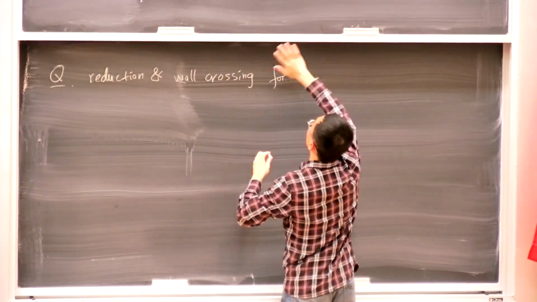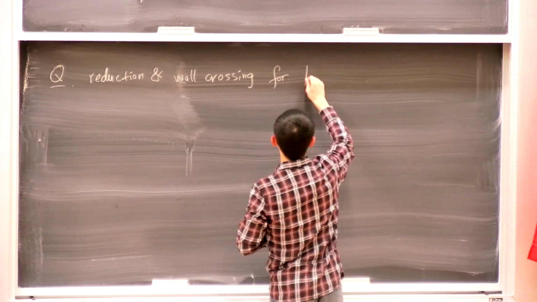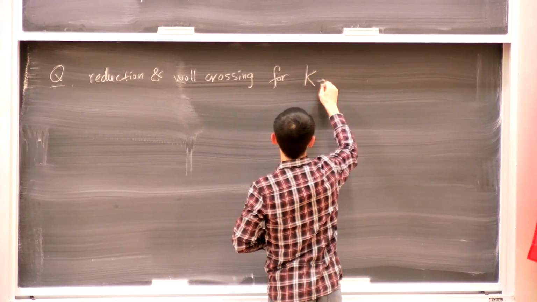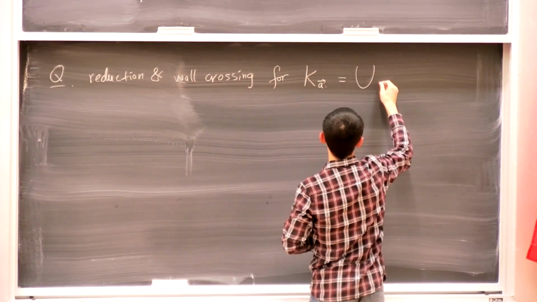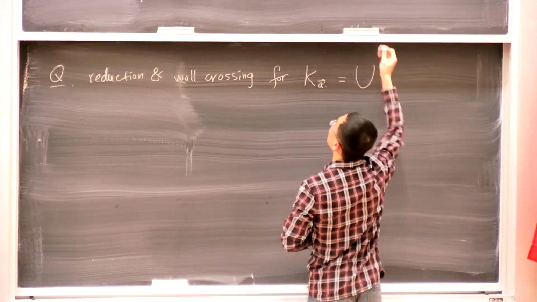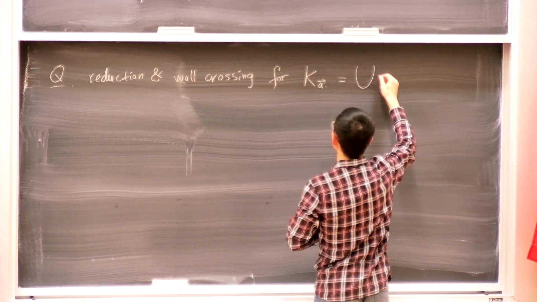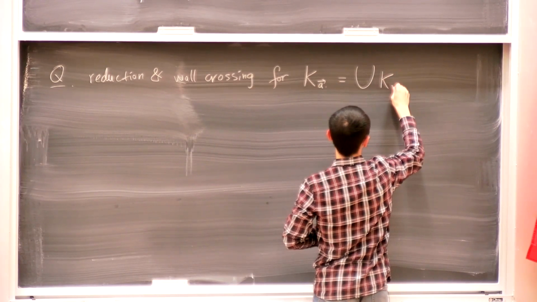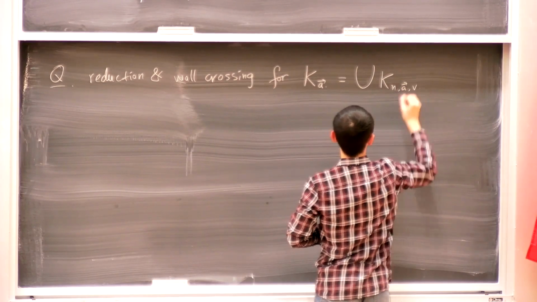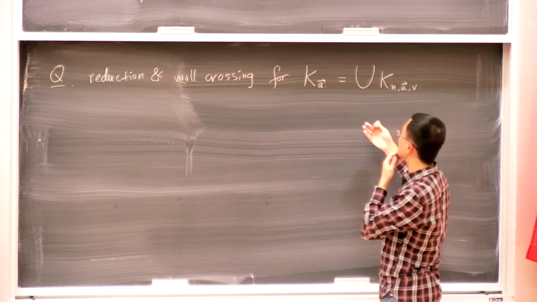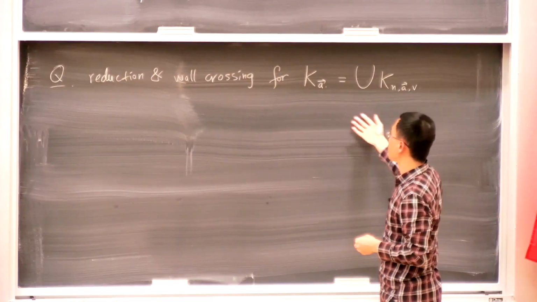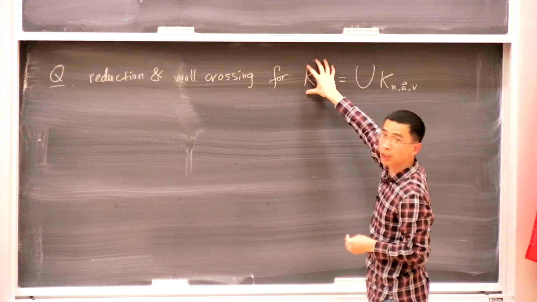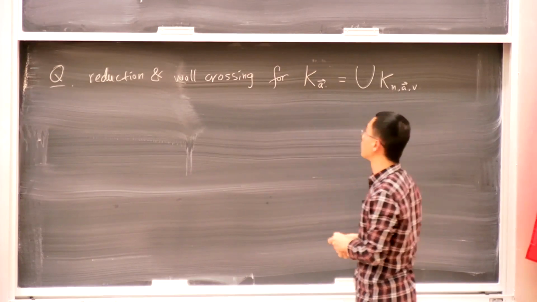So let me just put all the components together, and I would just write K_A, you can just think about this as the union of this. And what we'd like to address is, is there a natural reduction and wall-crossing morphism for these moduli spaces when the weight changes?